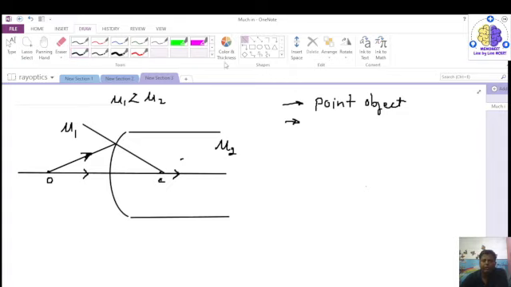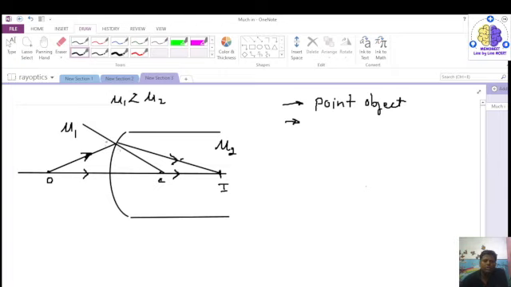So we can say that the refracted ray travels like this, towards the normal, and the ray travels somewhat like this, and this is the point where we are getting the image, right?